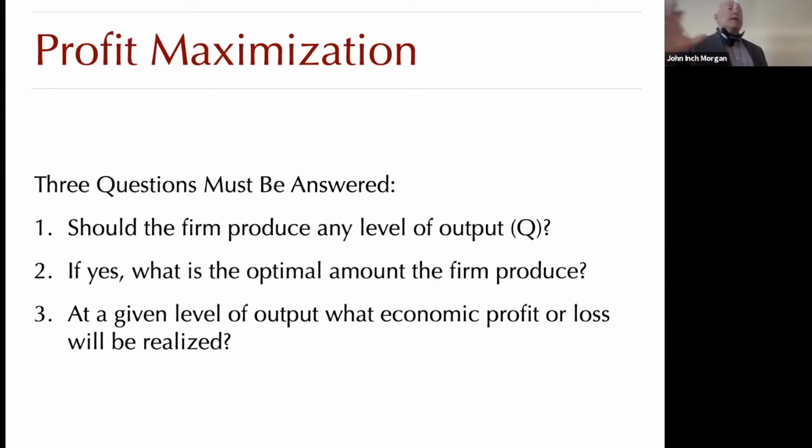Or am I going to bring less into the firm? And then the third one is that at a given level of output, what economic profit or loss will be realized? So yes, as we said before, you may bring more revenue in, but is it producing a profit or a loss?